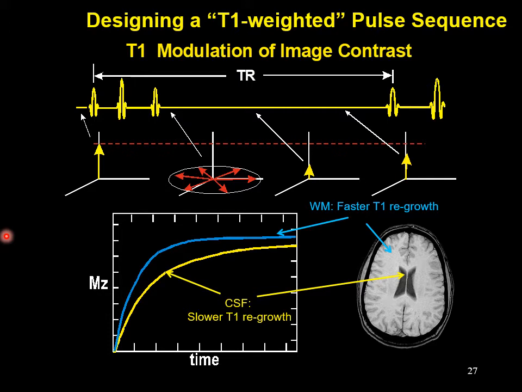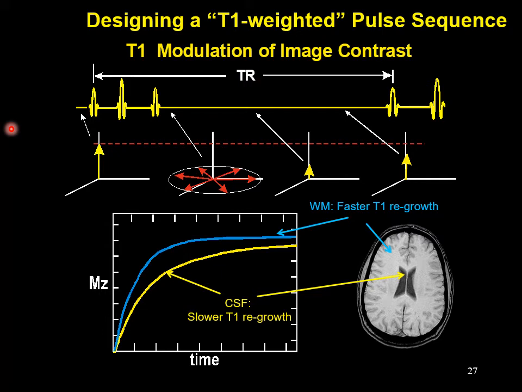To maximize the difference in signal coming from CSF relative to white matter based on T1 differences, the pulse sequence is designed to maximize the difference in magnetization regrowth that has occurred along the Z axis between tissues with slow regrowth, such as CSF, and tissues with fast regrowth, such as white matter, before applying each excitation pulse that will create the transverse magnetization that will be measured with the receiver coil.